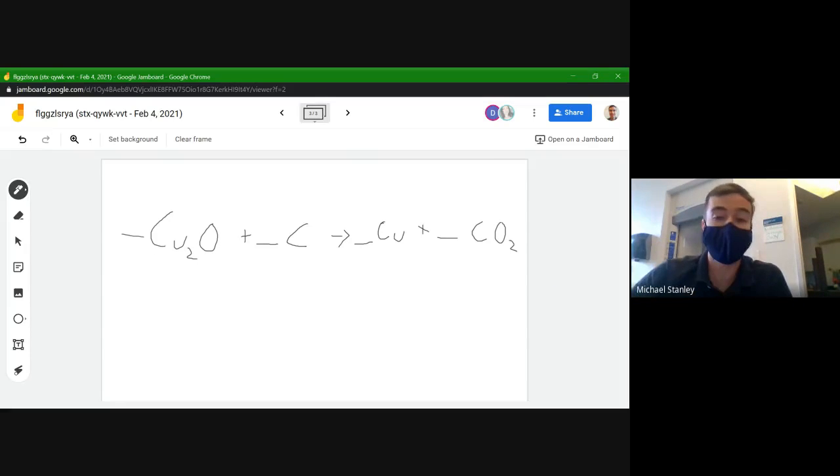All right, ramping up the difficulty a little bit because now we've got 3 atoms going on. So our starting equation is Cu2O, which is, Cu is copper. So we have copper oxide, Cu2O, plus C gives us Cu plus, I'm going to fix this plus because it looks crappy, Cu plus CO2. So first things first, what are the 3 different atoms that we are dealing with?